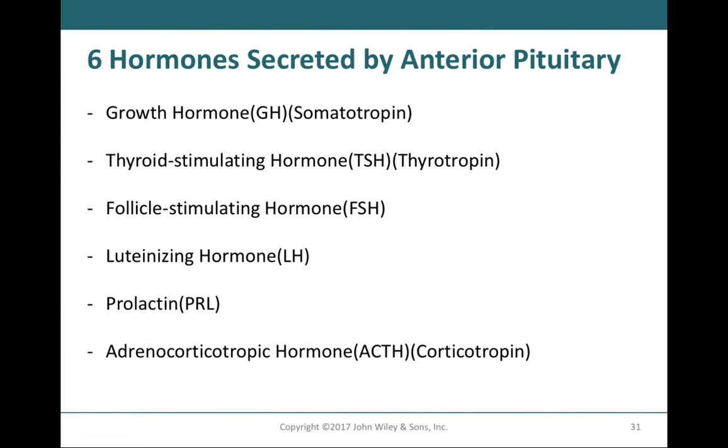Now, I'm only going to make you learn 6 of the 7 hormones that are released by the anterior pituitary. Those are growth hormone, thyroid stimulating hormone, follicle stimulating hormone and luteinizing hormone, prolactin, and adrenocorticotropic hormone.